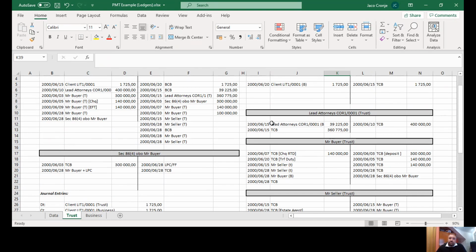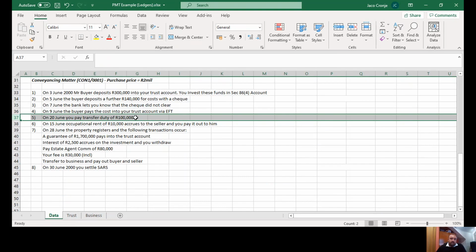What has happened is, because I've paid this money to SARS, my liability towards Mr. Buyer in trust has decreased. My liability towards him is currently 140,000, but now, after I've paid the transfer duty, I simply decrease that liability to show I now have less money in trust on your behalf. Okay, so that one's done.